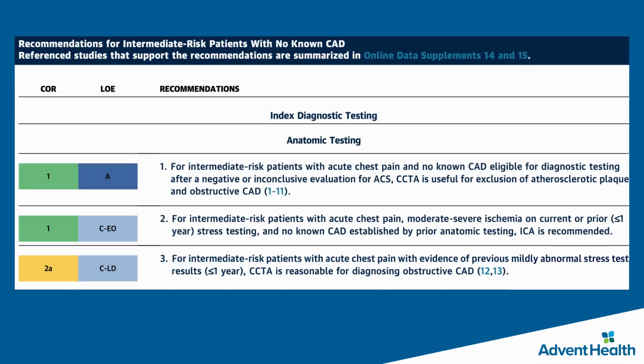For intermediate chest pain patients with no known coronary disease, studies that support this I can reference later. No coronary disease, eligible for diagnostic testing after an inconclusive evaluation for ACS.